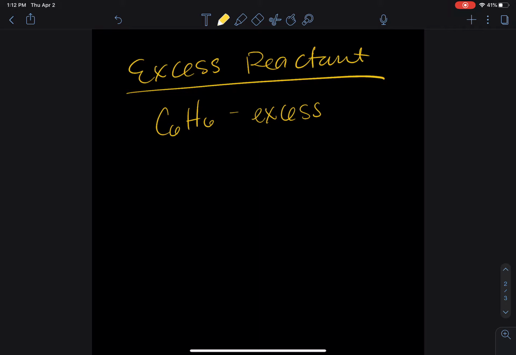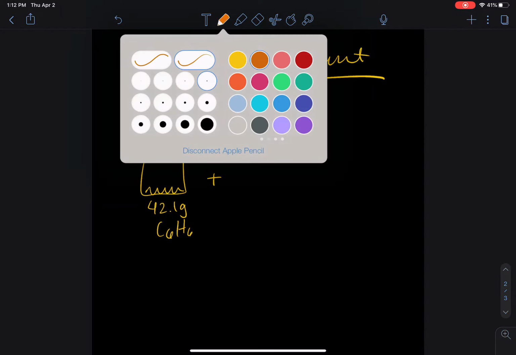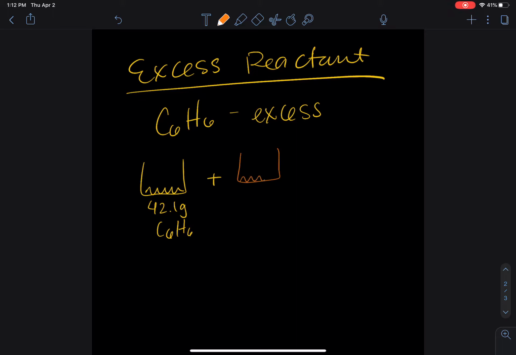So say you have 42.1 grams of C6H6, and you're adding it to 73.0 grams of bromine, which is actually liquid because bromine's liquid, okay?